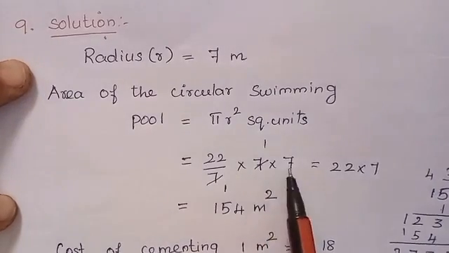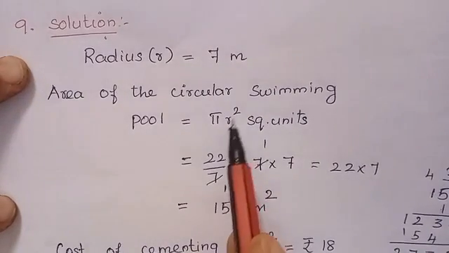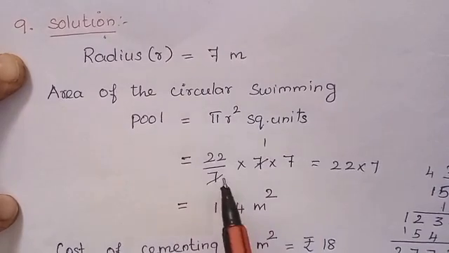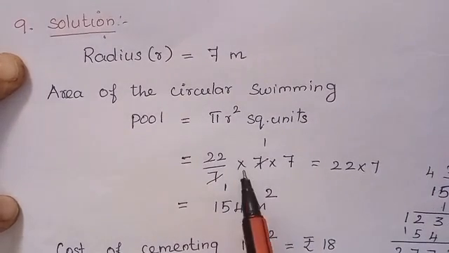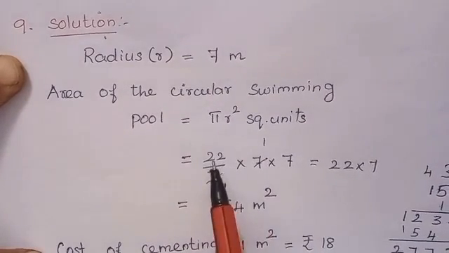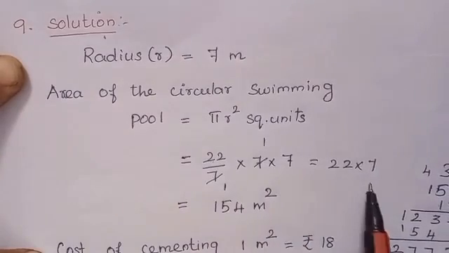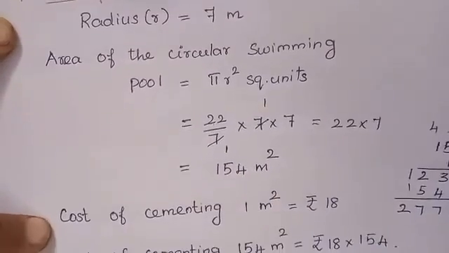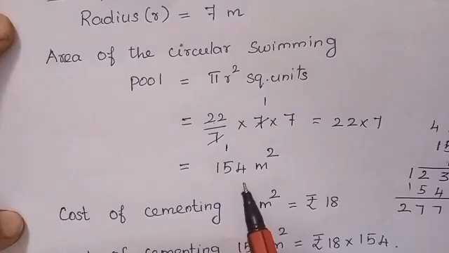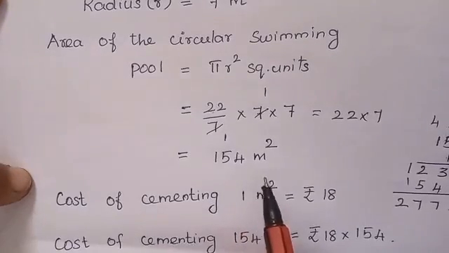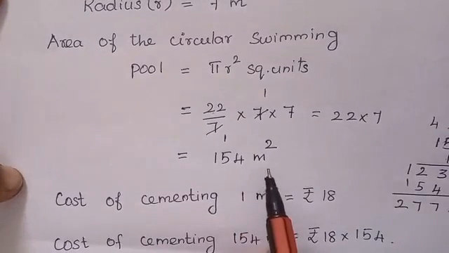So 7 into 7, because here r square. Okay. Next, cancel 1 7. Remaining 22 multiplied by 7. 22 multiplied by 7 is what? 154 meter square. This is area of the circular swimming pool.